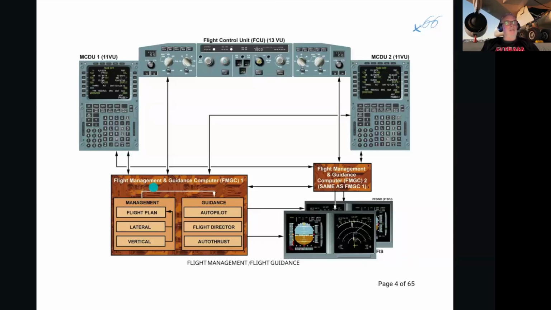So the flight management guidance computers have two distinct functions. The flight management plan, which is A to B in a lateral and a vertical manner, and flight guidance, which is up, down, left, right, and is immediate, and is used for the autopilot, for the flight director, and for the auto thrust.